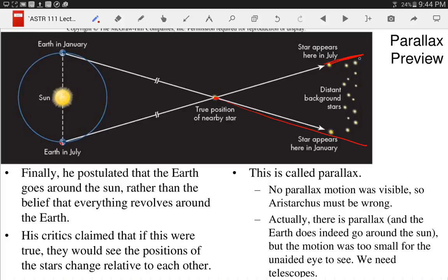So compared to the stars, you think that it's moving back and forth, when it's really the Earth going around the sun. But they didn't see any of this back and forth motion. And since they didn't see that, they concluded the earth must not be moving. So parallax is just that optical illusion of the stars. Yeah.